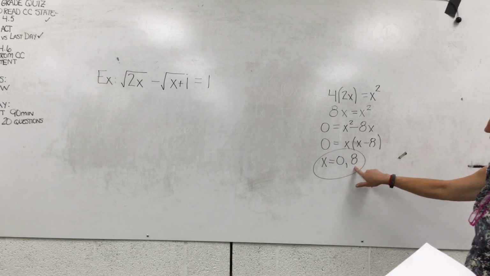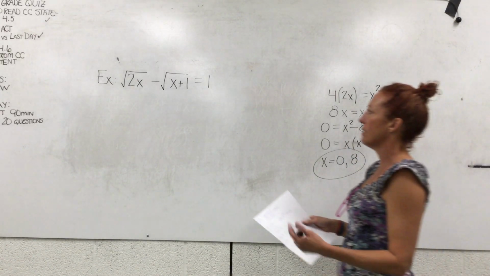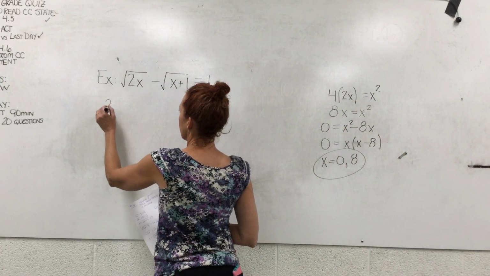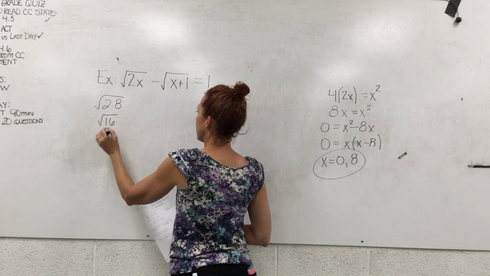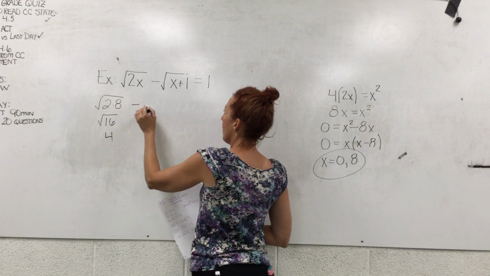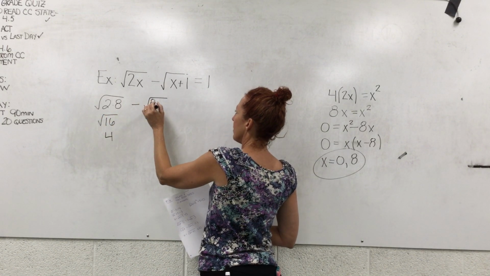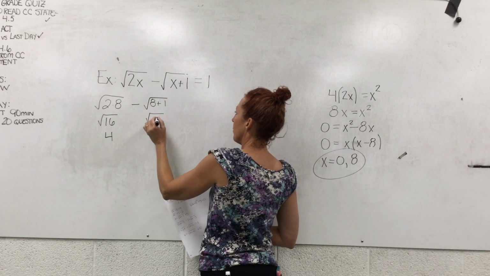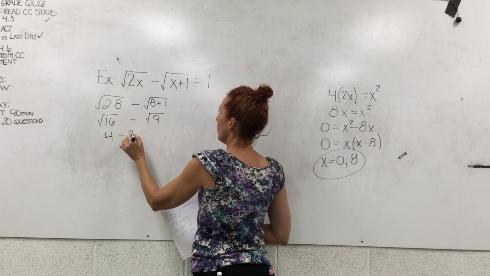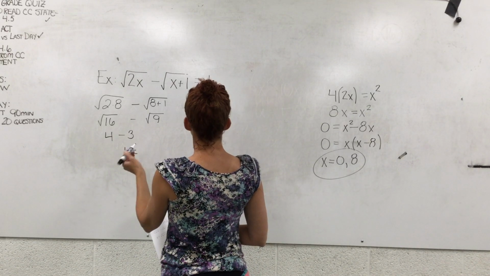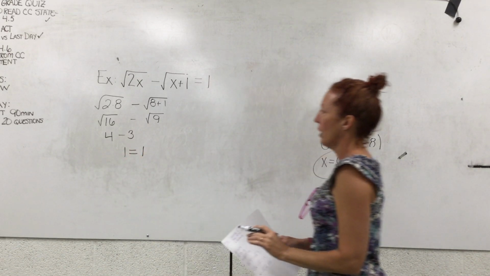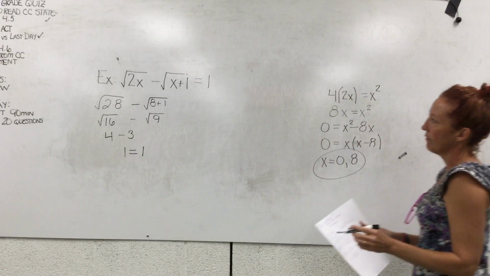This inside factor gives me the answer of 8. And now I will check it real quick. So 2 times 8 is the square root of 16, which is 4, minus 8 plus 1 is the square root of 9, which is 3. And so 1 equals, oh, it does work. 1 equals 1. And so the 8 works out fine.